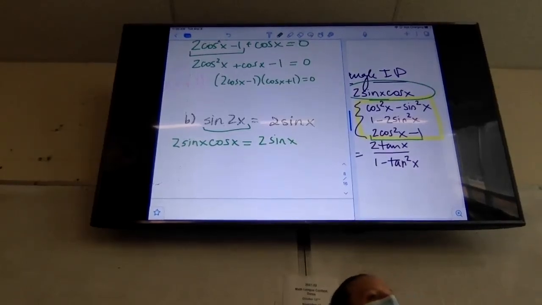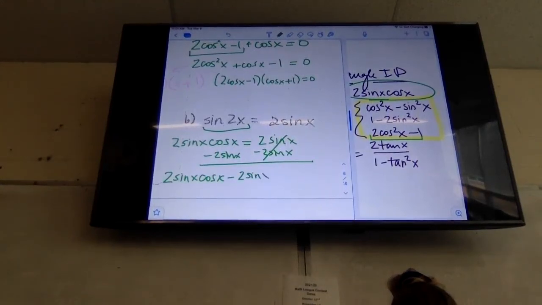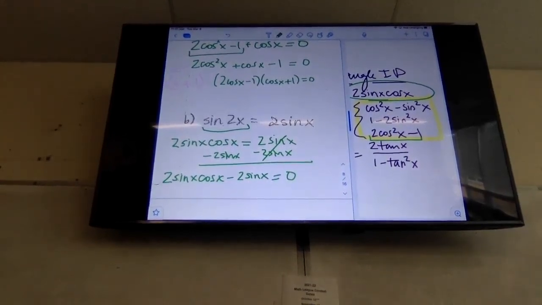While we're tempted to divide everything by 2 and divide everything by sine, you can't do that. Move your 2 sine over to the other side. Two sine x cosine x minus 2 sine x.